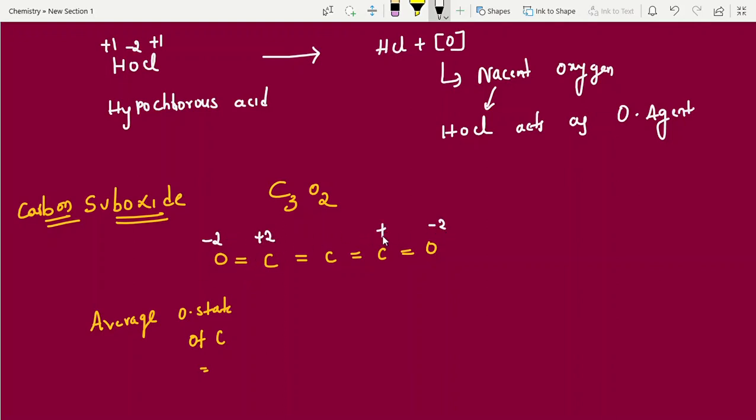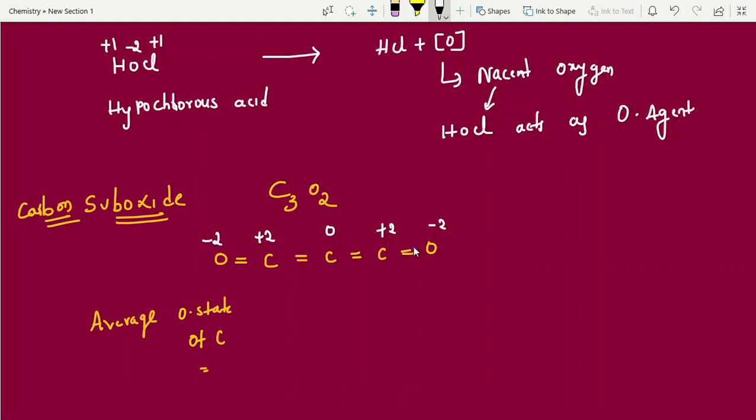This is +2, and the middle one always has oxidation state 0. It is not combining with others. It is combining with itself. Other atoms are the same, the middle is the same. So in this type of compound, the middle one is always zero.